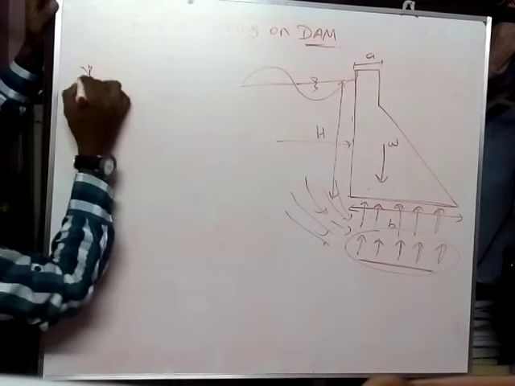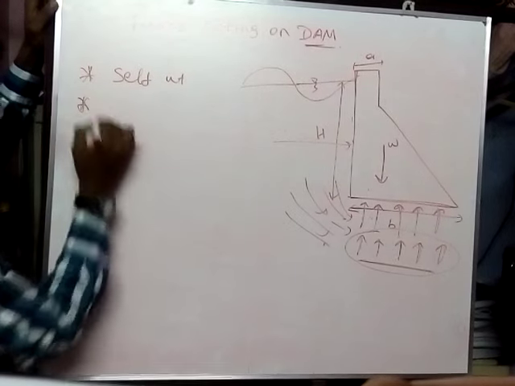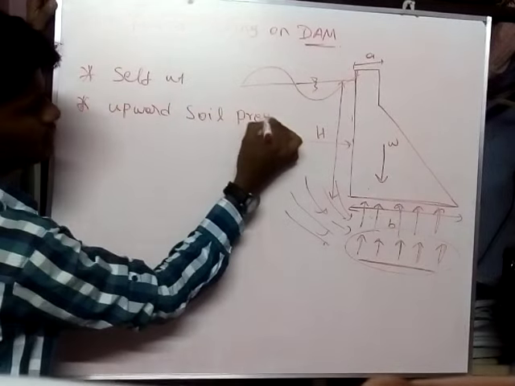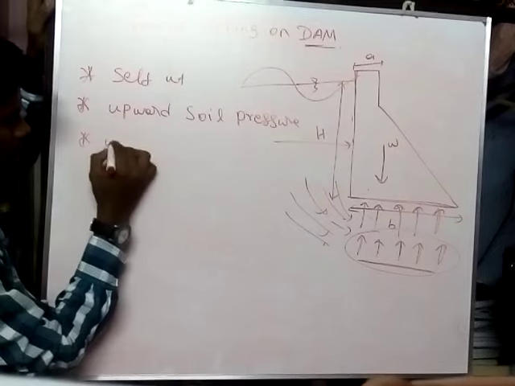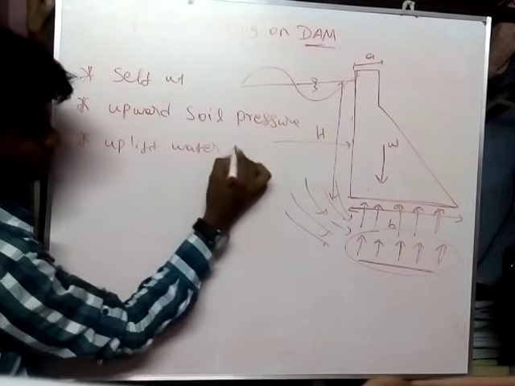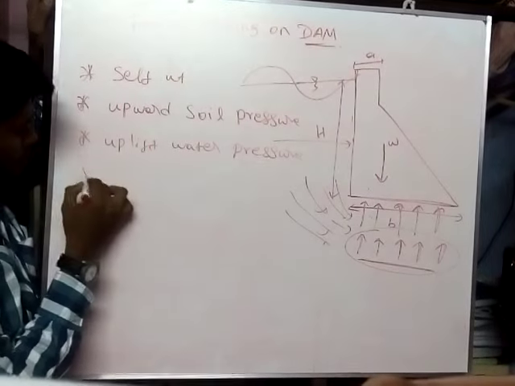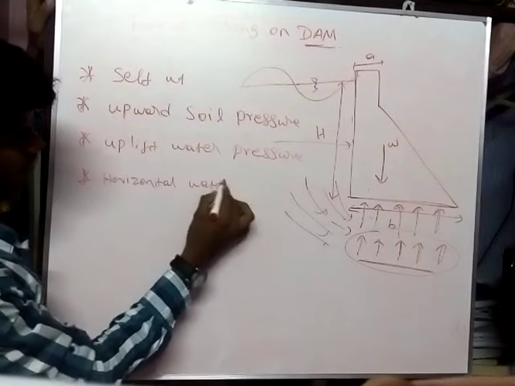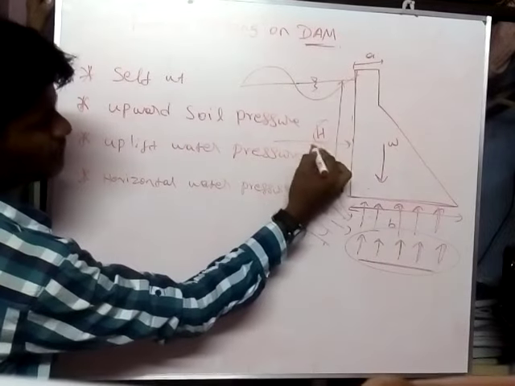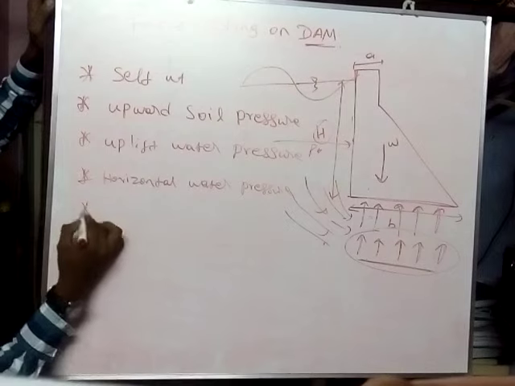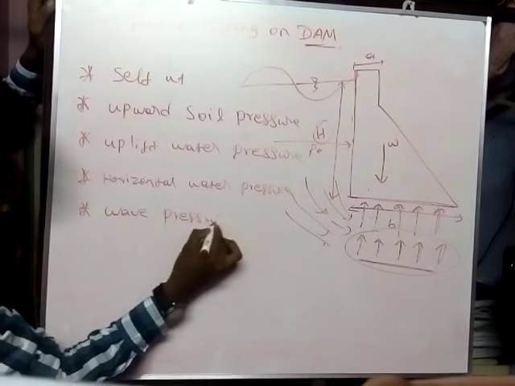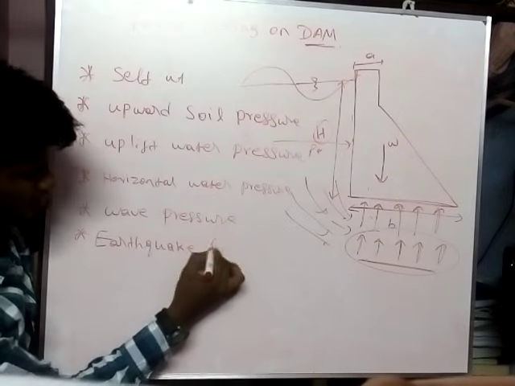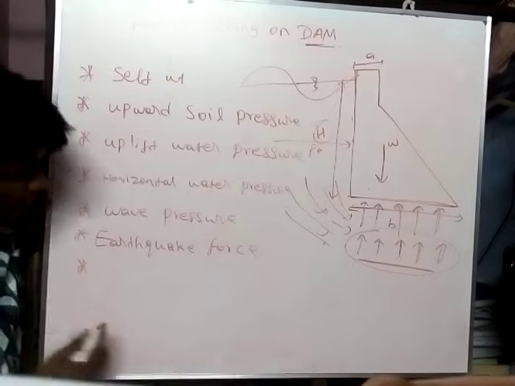So the forces acting on the dam: self weight, upward soil pressure, uplift water pressure, then the horizontal water pressure, that means PH, horizontal water pressure, wave pressure, earthquake force, and the last one is silt pressure.